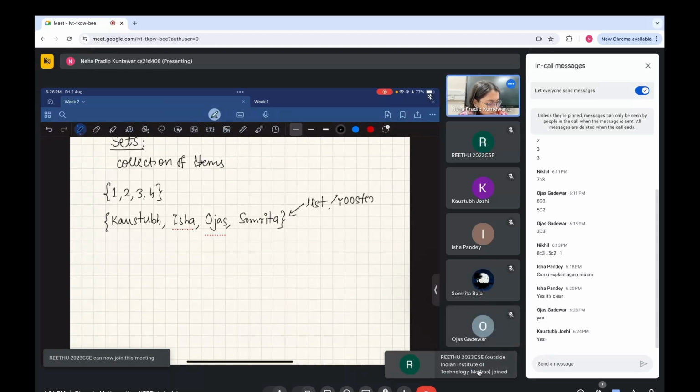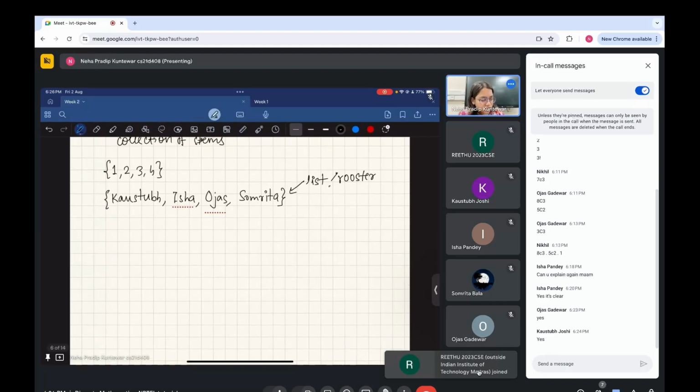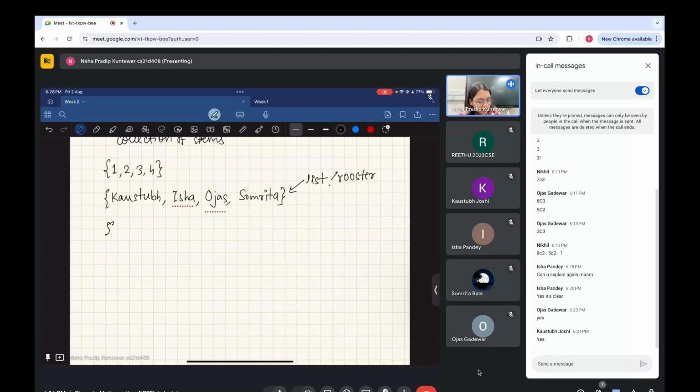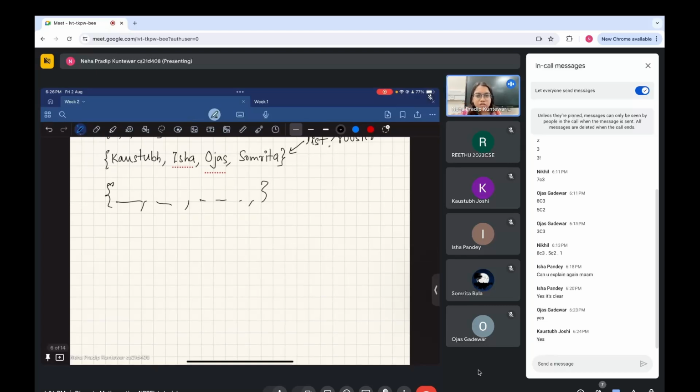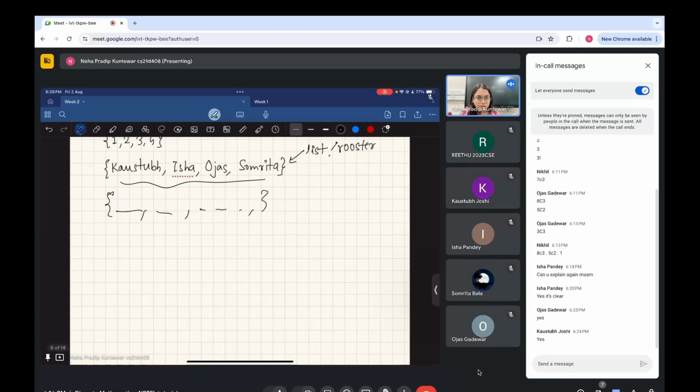And there is another method of writing a set, which is called set builder form. The point with the list or roster form is that you just explicitly write down all the elements that are there, and you write those into curly brackets and separate them with commas.